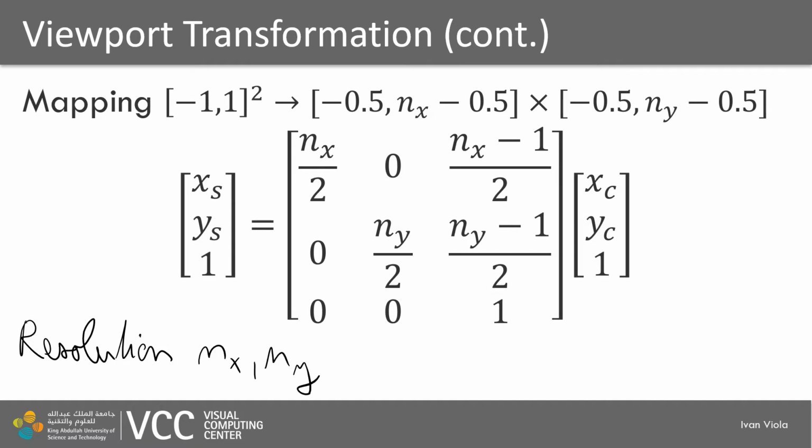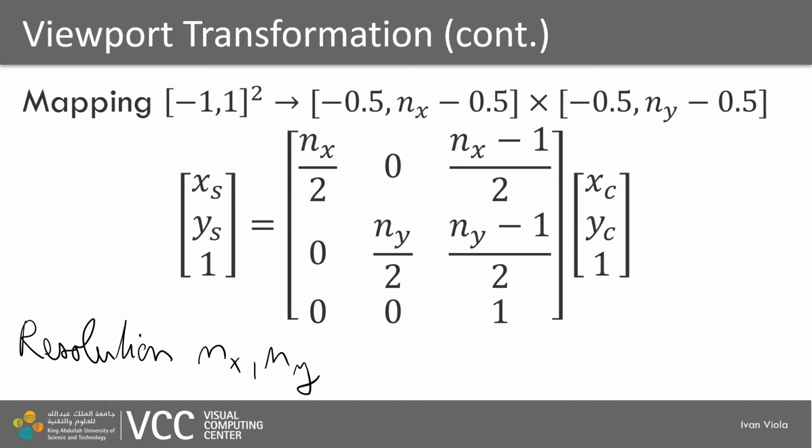And similarly, this also holds for ny, where we map the y coordinate to -0.5 and ny minus 0.5. So imagine that our normalized coordinates are now within the range -1, 1, and the length of this interval is 2.